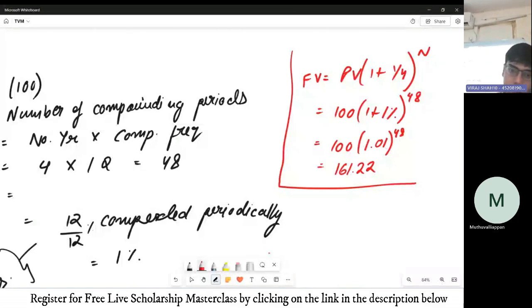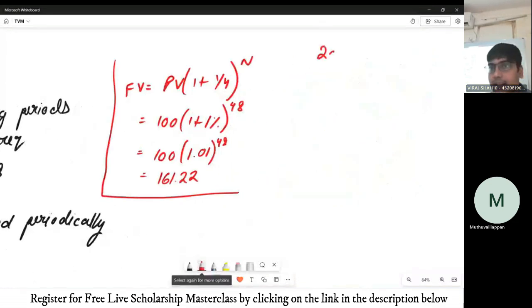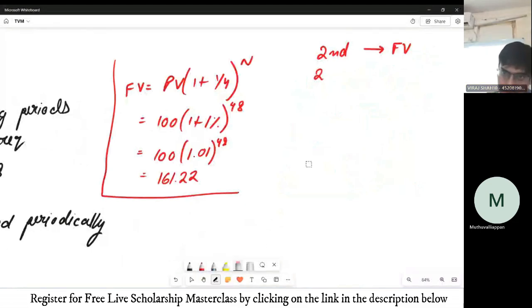Now how do we do it using the calculator? First we press second clear TVM, second, and then FV button to clear TVM. Then we enter our PV.